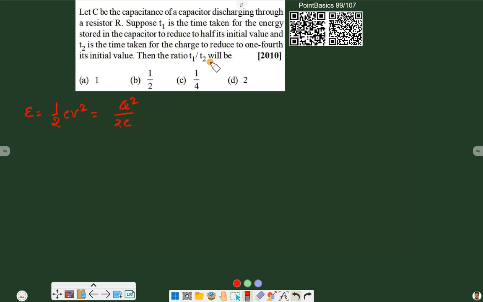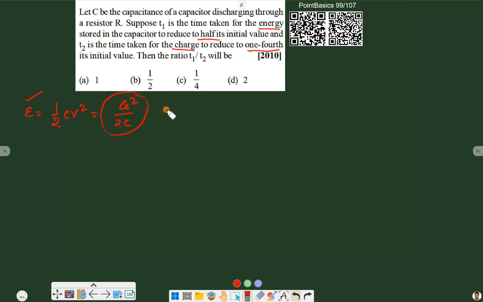So in the first part, energy is reduced to half, but in the second part, charge is reduced to 1/4. So in the first part we have to solve for energy, and in the second part we have to solve for the charge. While solving for energy, we'll take the equation that includes charge.